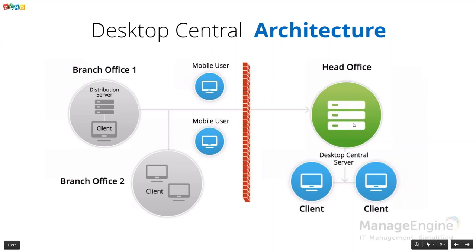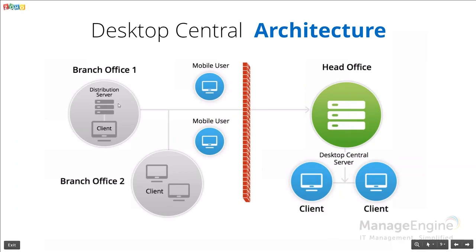So we're going to have a Desktop Central server in your head office, and machines which are installed as its clients will be termed the local office. In regard to the remote offices, we can also manage the branch office, which is also called the remote office. So we can manage remote office machines, which helps you to manage the machines over the remote site.